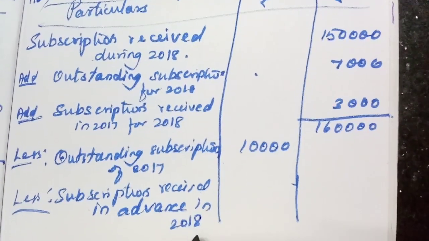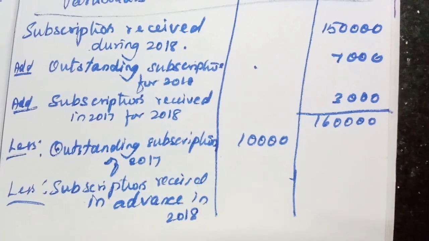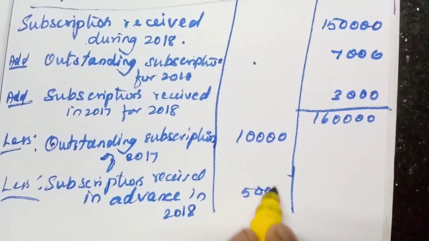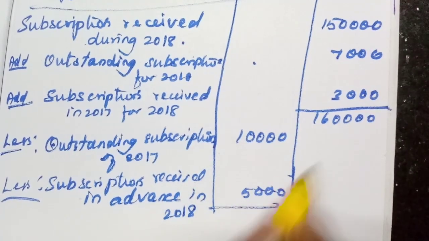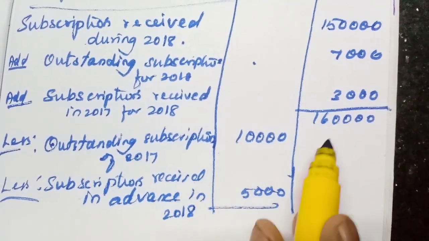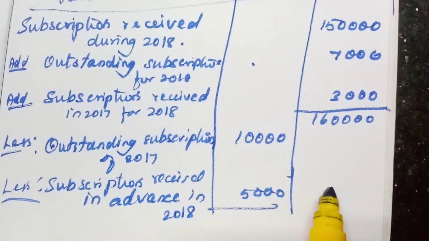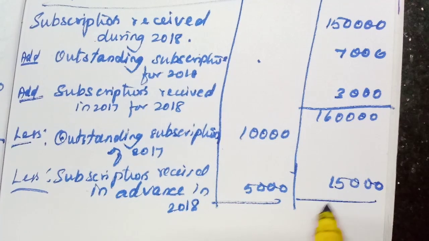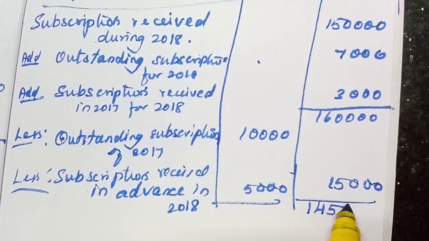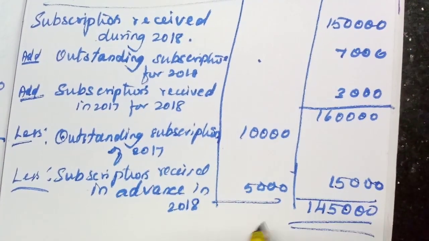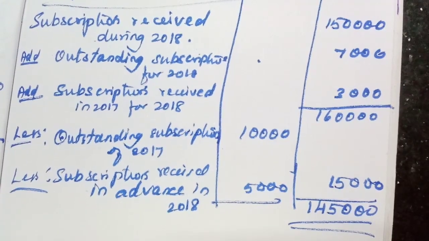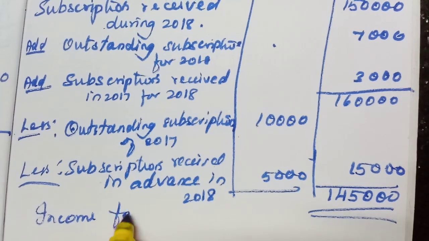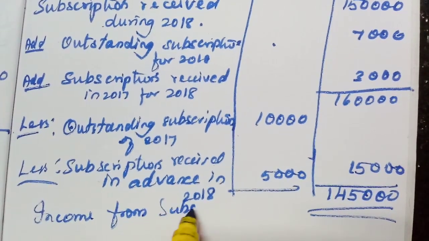Okay, received in advance in 2018, but it's related to 2019. That we should not take. So 5,000. Add this one and write there and we will deduct, or one by one we have to deduct. Okay, 10,000 and 5,000 is 15,000. So we will get 1,45,000. That is the net amount, income from subscription.